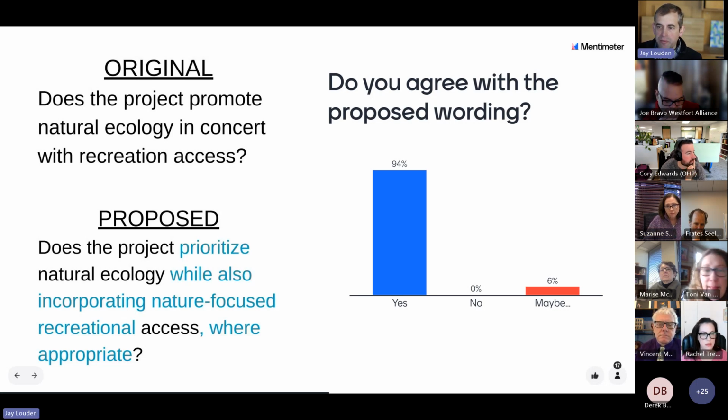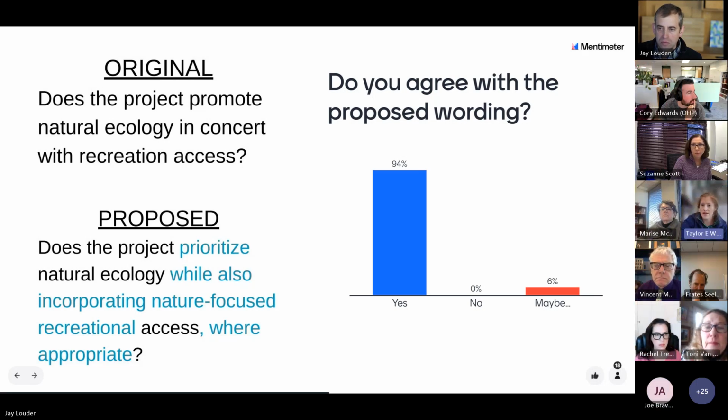Yeah. Taylor, did you have a comment? I'm echoing Suzanne's comments. I think there was a desire, from the public perspective, for ensuring there's not new built things that don't perhaps fit the previous uses of the park. But I do have some reservations about nature focused being a little bit too prescriptive in terms of equitability and access.